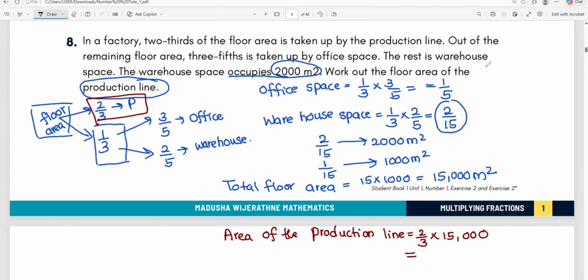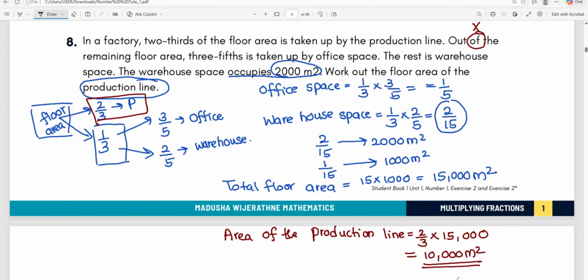Here in so many places, you can see the word 'of'. 'Of' stands for multiplication. And this is 10,000 square meters.